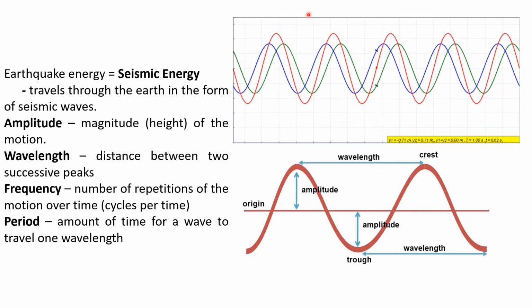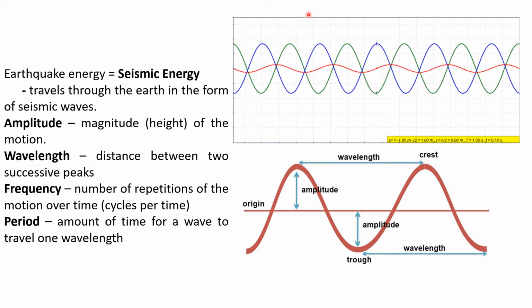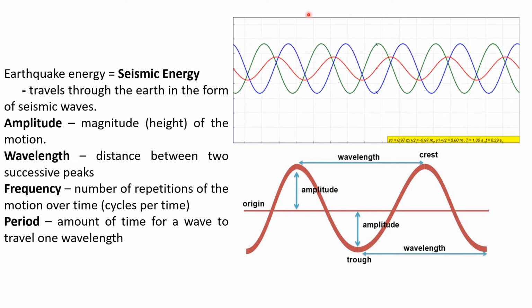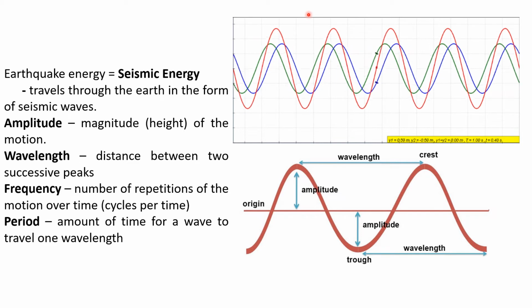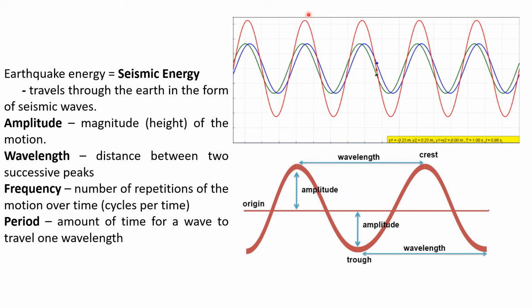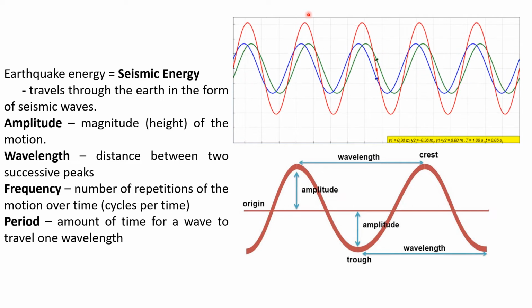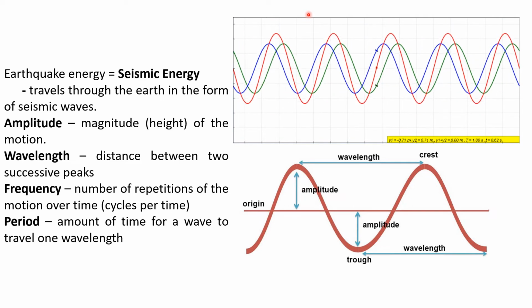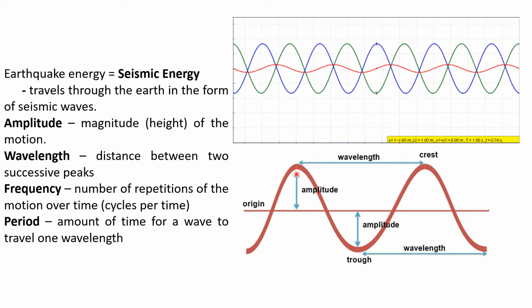Waves describe a motion that repeats itself in a medium, or let's say a rock or unconsolidated sediments in our case. The magnitude or the height of the motion is the amplitude of the wave.